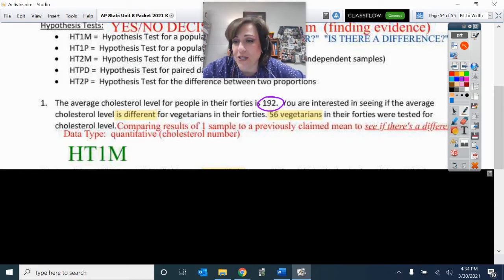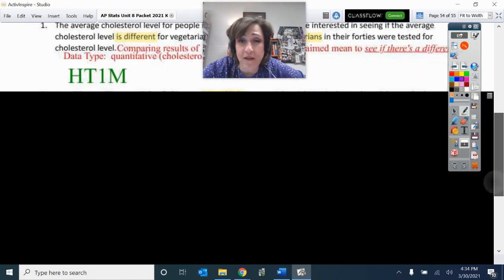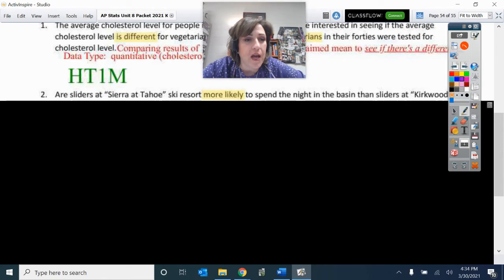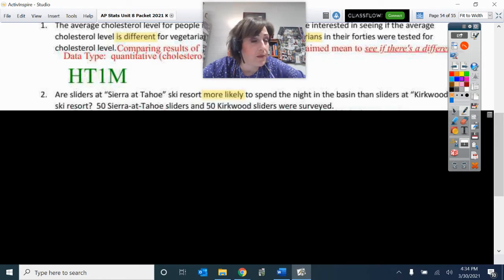Okay, let's try another one. I'm going to try a few of these with you, and then I'm going to let you try some on your own. So here we go. Are the sliders at Sierra at Tahoe Ski Resort more likely to spend the night in the basin than the sliders at Kirkwood Ski Resort?